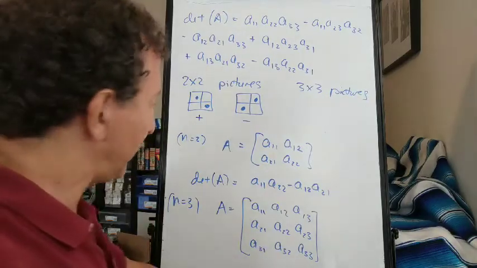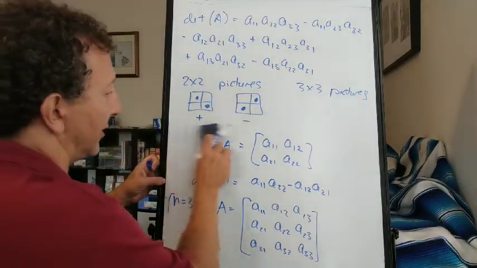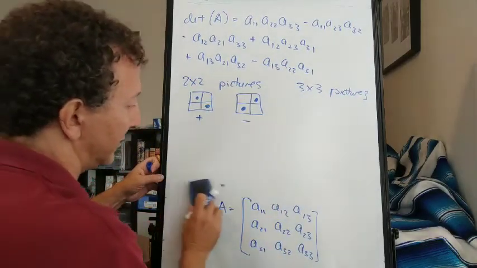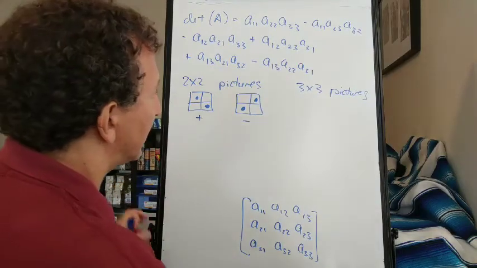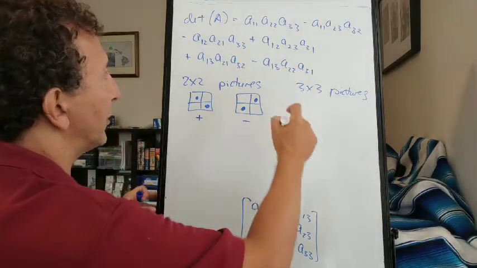And the 3 by 3 pictures, there's 6 of them, one for each term.